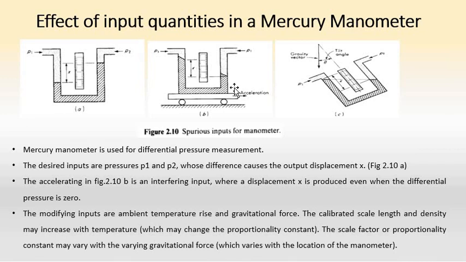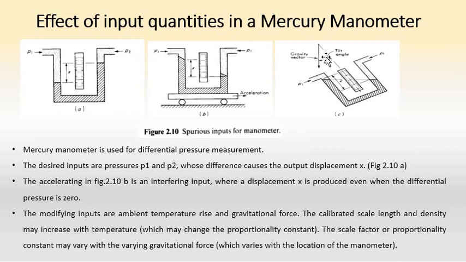Ideally, when the pressure difference is 0, X should be 0, but due to the interfering input, acceleration, X will not be 0. It will read some value, which is an error value. So this is an interfering input, and another interfering input is shown in figure C. Here we are tilting this mercury manometer at an angle theta.